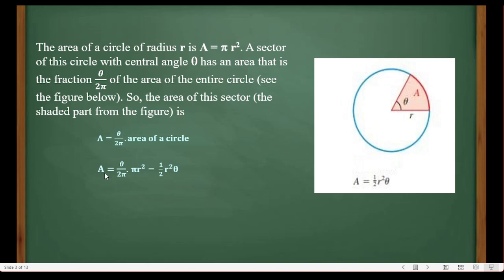Or you can consider the second formula to compute for the same area of the sector, and that is equal to theta over 2 pi times pi r squared. Now simplifying this by cancelling the pi symbol, we will have 1/2 of r squared theta.